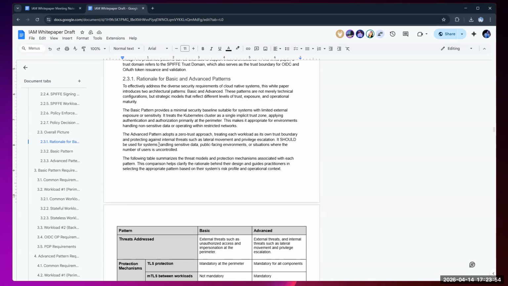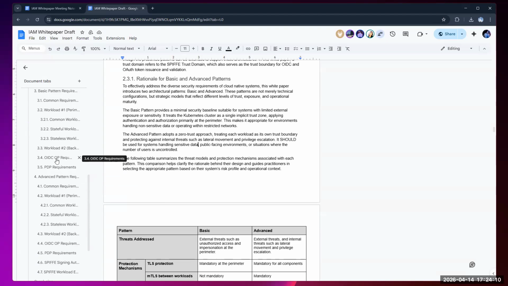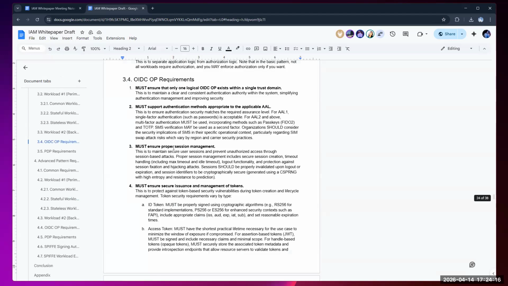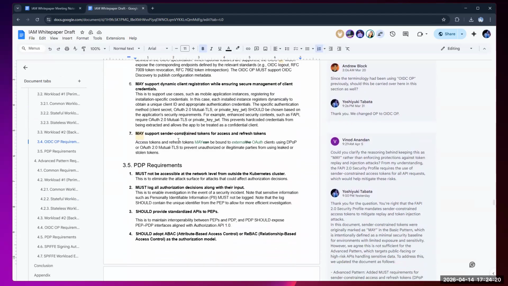So handling sensitive data is here, and we need to consider something like following the FAPI 2.0 security profile. So we keep the OIDC OP requirements here, but not changed.